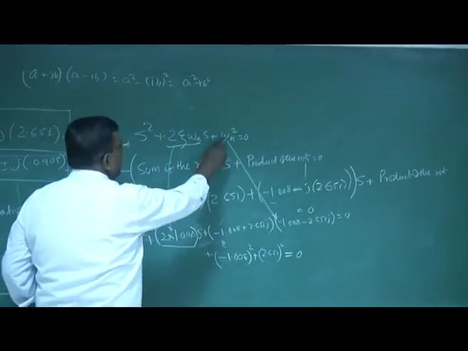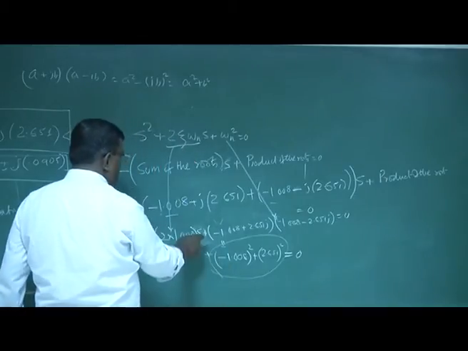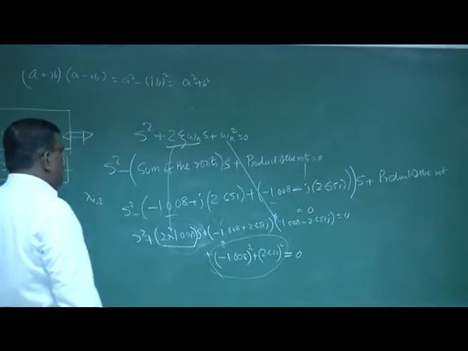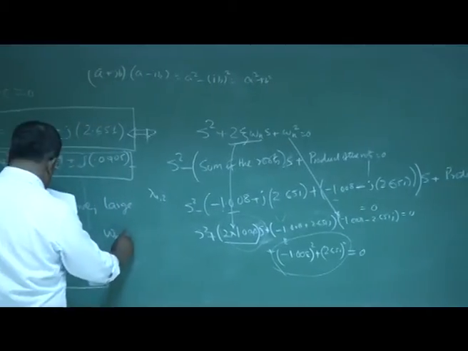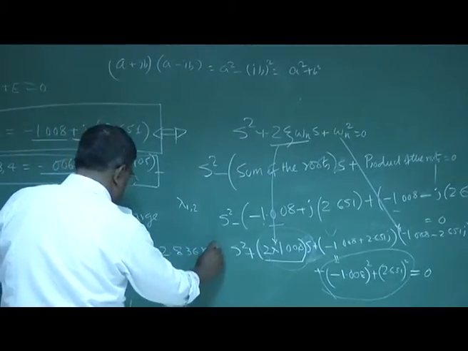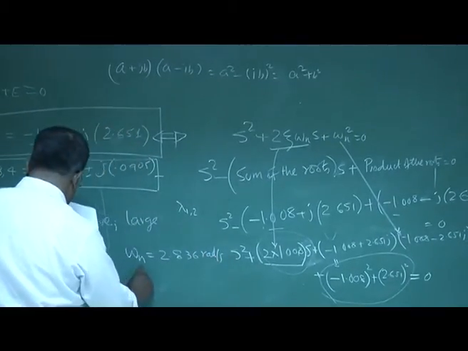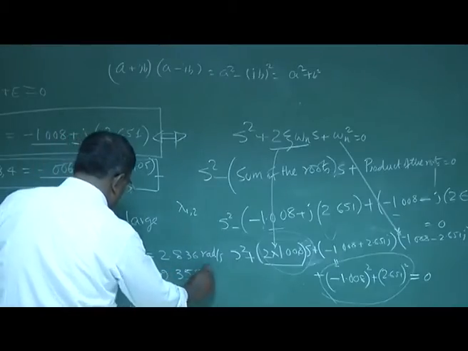So I compare omega n square equal to this term and 2 zeta omega n equal to this term. By solving that, I get omega n equal to 2.836 radian per second, and zeta around 0.355.